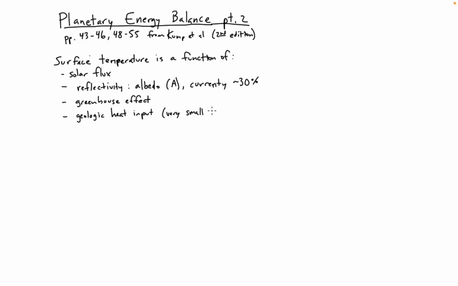The solar flux was on the order of 1,000 watts per meter squared, and the geothermal heat coming out from below is more like 1/100th of a watt per meter squared. So we can neglect that for the purposes of the short-term energy balances that we're working with here.